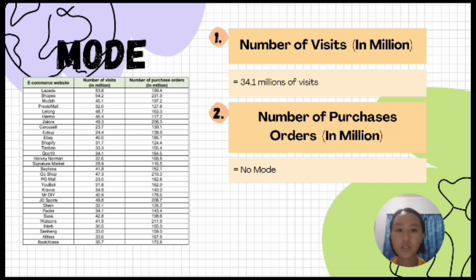The mode is 34.1 million. But for conversion, the number of purchase orders measured in millions, there is no mode.